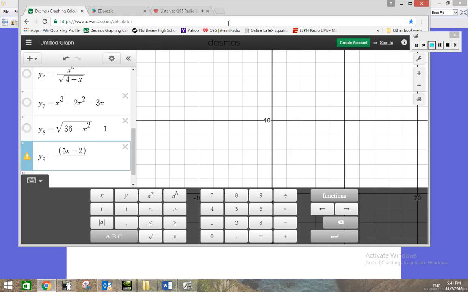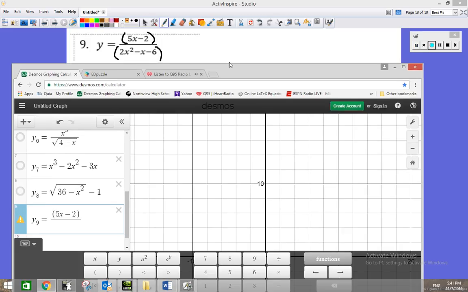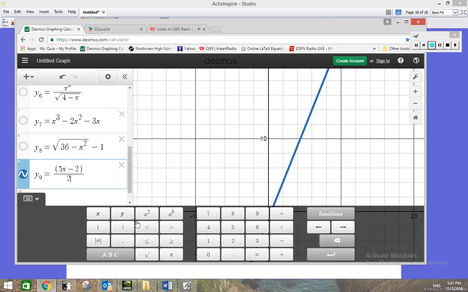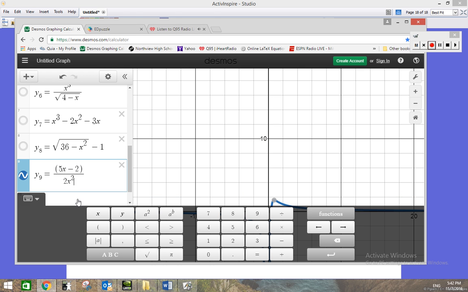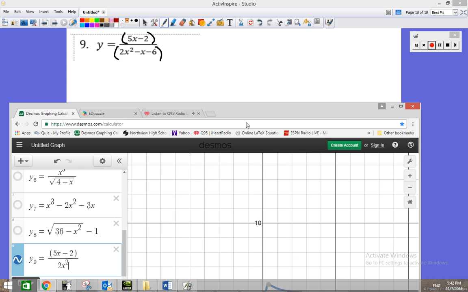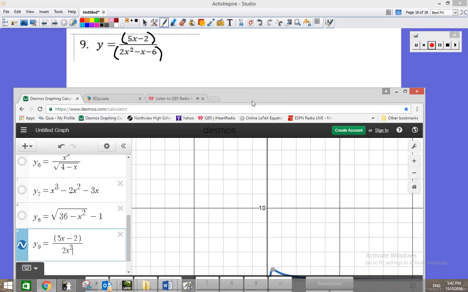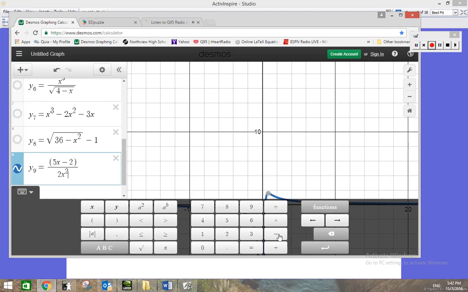And now I key in this denominator, which is 2x squared. So I have 2x, and I can just hit the square button right there, and it knows to square it. Because we use that square so often, there's a button for it. Then minus x. Oh, and I said I was going to put parentheses around this, didn't I? So let's go back.